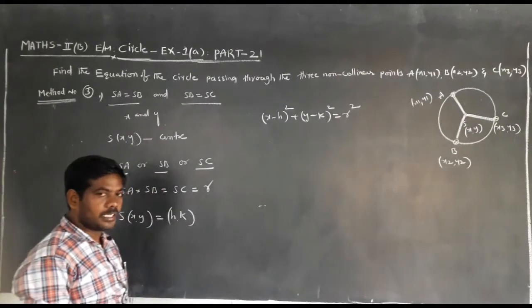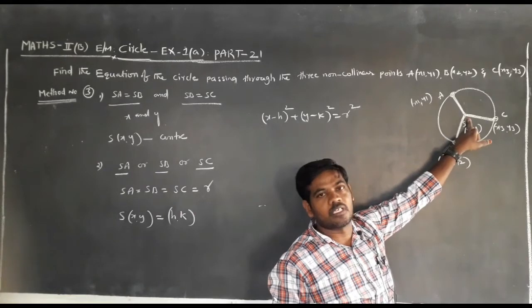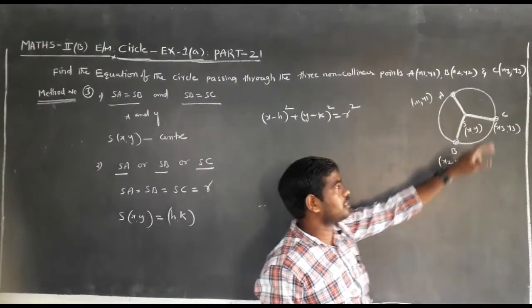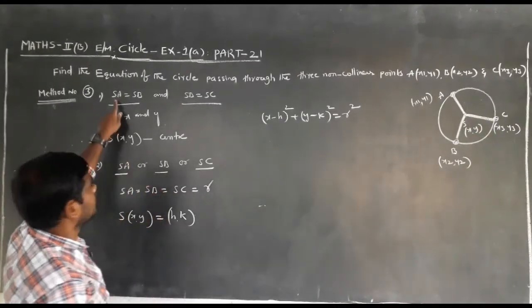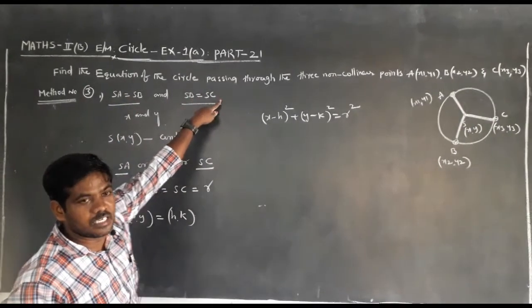First of all, let (x, y) be the center of the circle. Construct SA equal to SB and SB equal to SC.